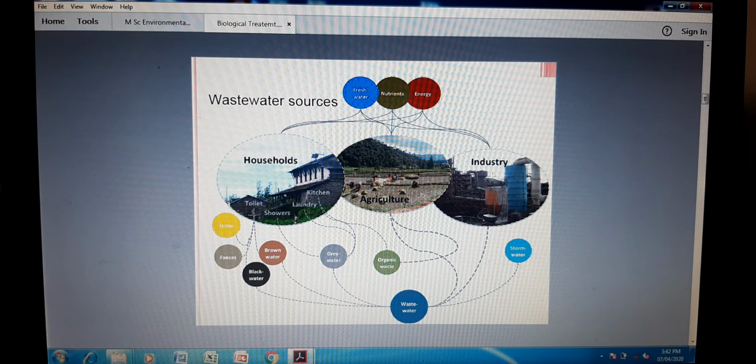Water coming from the various types of industries, when they discharge it after use, we call industrial effluent, the effluents coming from the industries. So these are the sources of water.